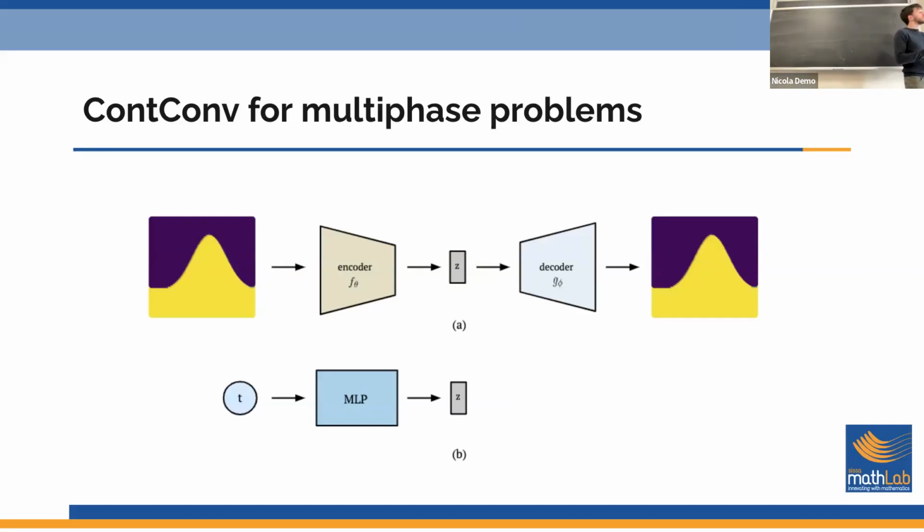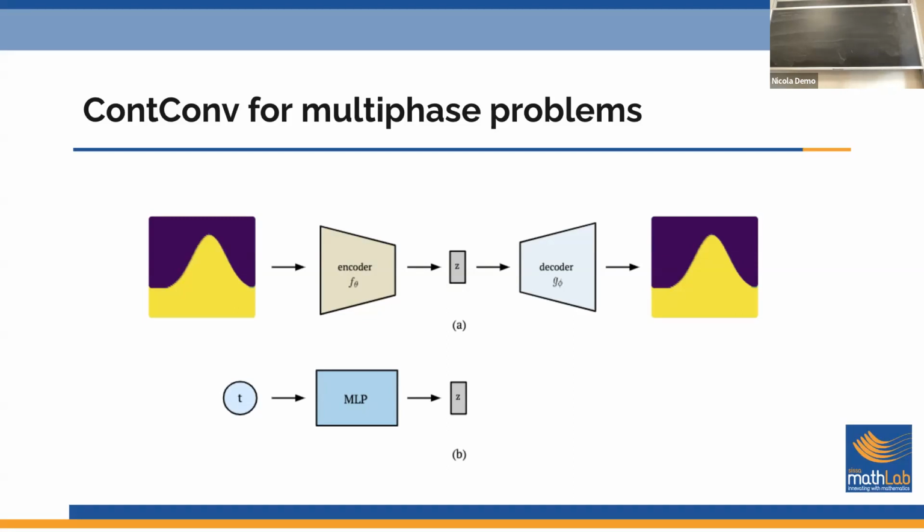Another problem, we take it with the same methodology and a very similar reduction, because also in this case we have an autoencoder composed of convolutional layers, and basically just an additional network to map the time instant to the intrinsic, low dimensional coordinates.